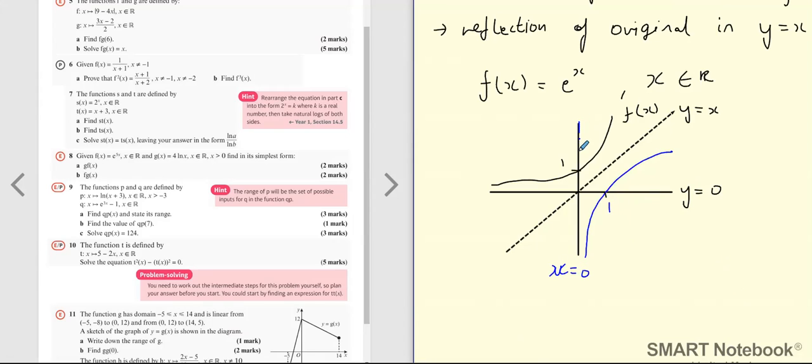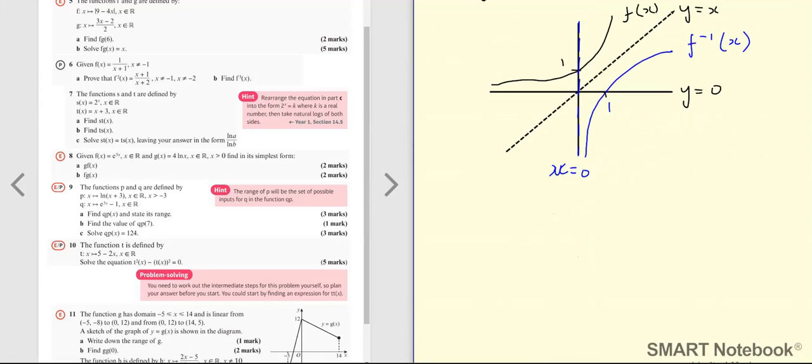So we've now got an asymptote here along that line. Does that make sense? Are we happy with that? And so now this would be defined as the inverse of f of x. Okay, so your original line was f of x, your inverse is the reflection of the original in the line y equals x.